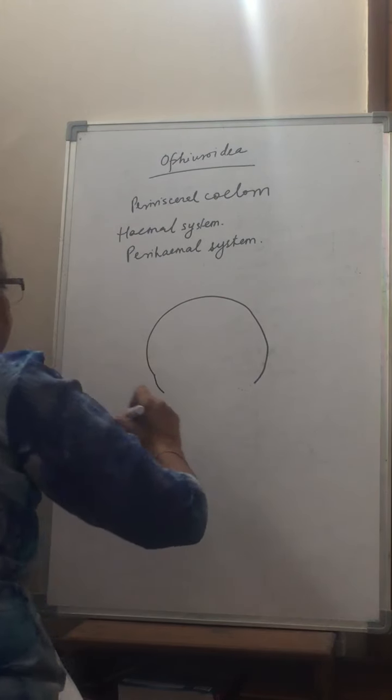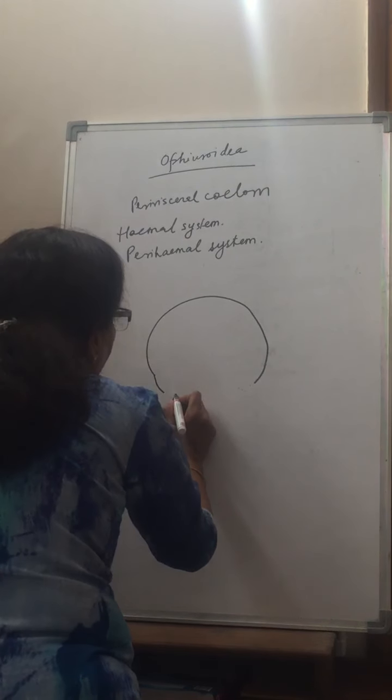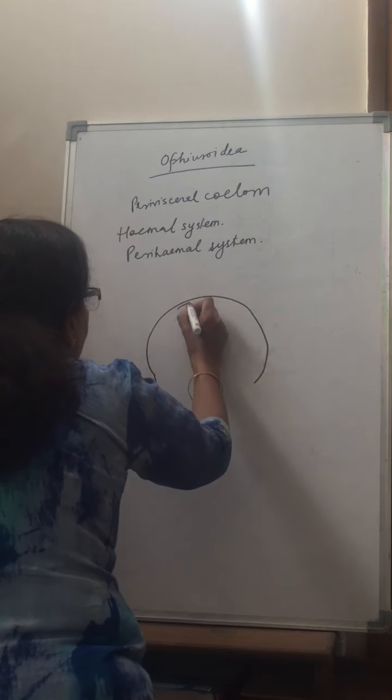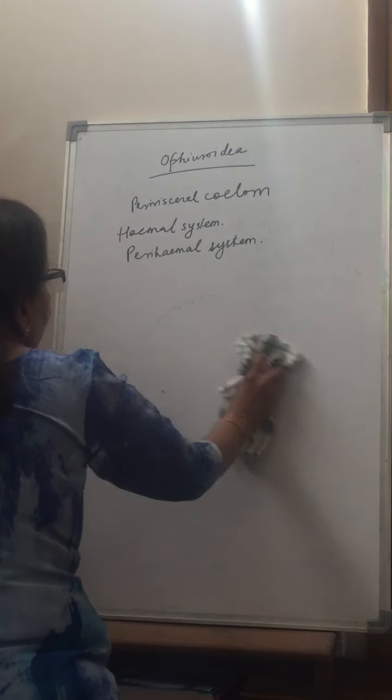So what we have is these are the aboral shields which are there. Let me make it slightly bigger if you don't mind.